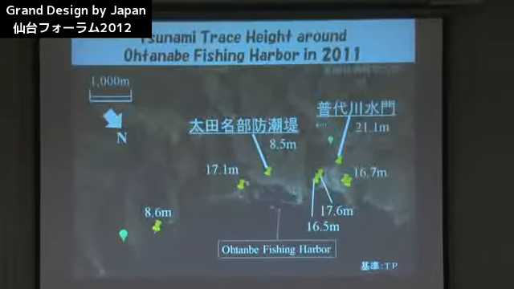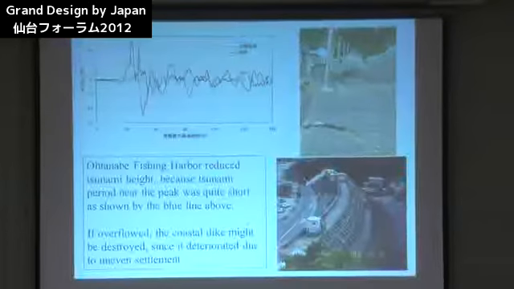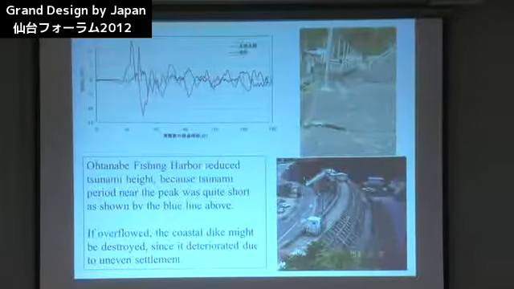This fishing harbor and breakwater worked very well to reduce tsunami height from 17 meters outside to 8 meters inside. They were quite lucky because the tsunami that attacked Watanabe was quite high, but quite short.